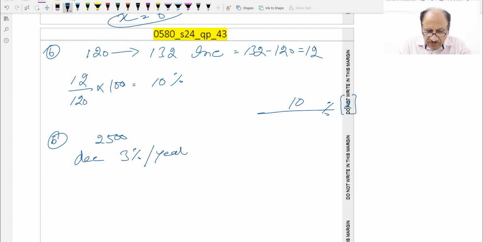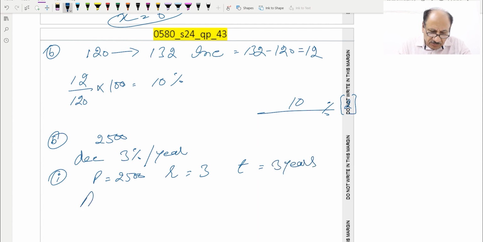And part I says calculate the population at the end of 3 years. So the principal number, which is 2,500 starting number, and the rate of decrease is 3%. And what else? Time duration is also 3 years.